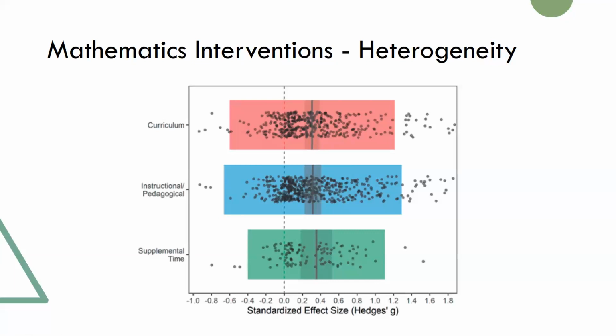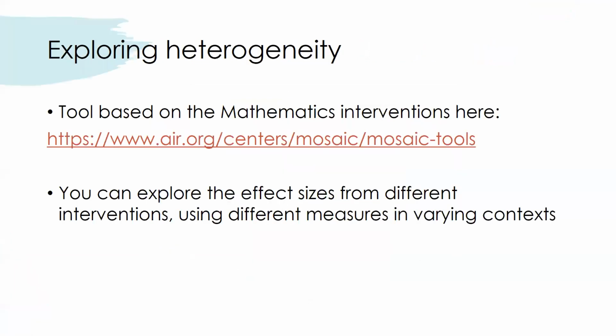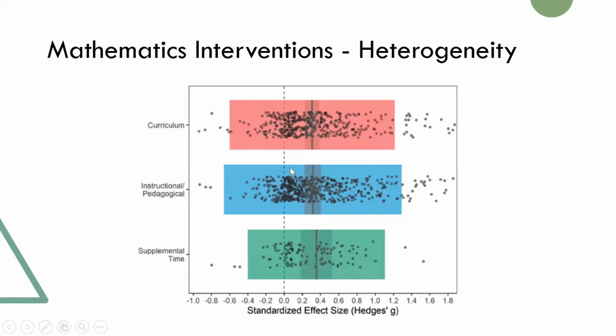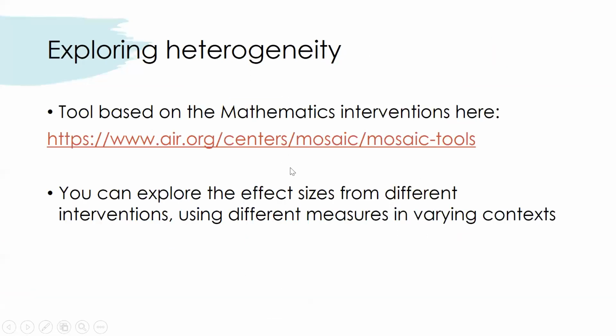effects of math interventions. I'm sure we're going to share the slides. So I encourage you to click on this link. This link here goes to the tool that is behind this picture. And what you can do in this link is do that exploration of heterogeneity.